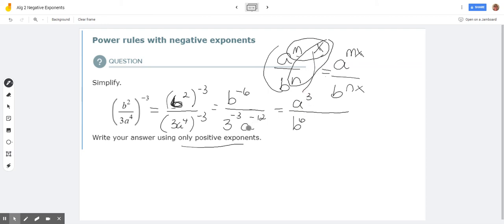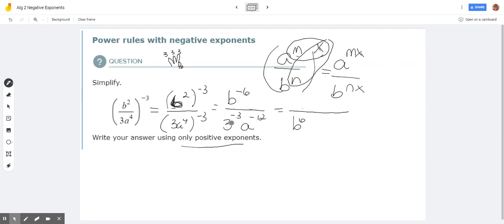And then, oh wait, that's not a, that's 3. I don't know what I was thinking. It's 3 to the negative 3rd. So 3 times 3 is 9 times 3 is 27.